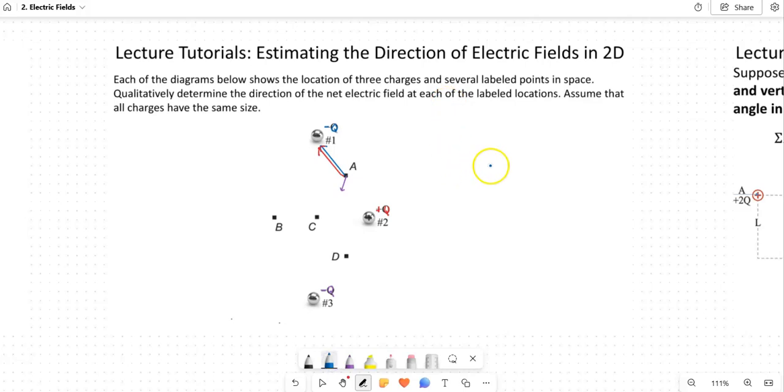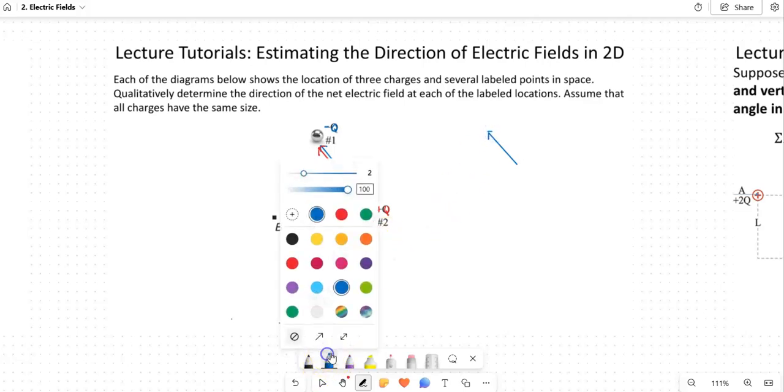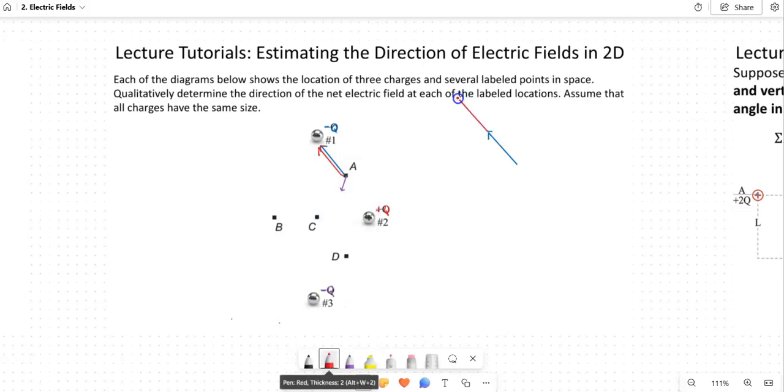I'm going to have the negative vector pointing up. I'm going to do my best to make sure I have the sizes of these vectors the same as this. Then we're going to add the red to it, and then we're going to add the purple one, which looks like it's smaller.